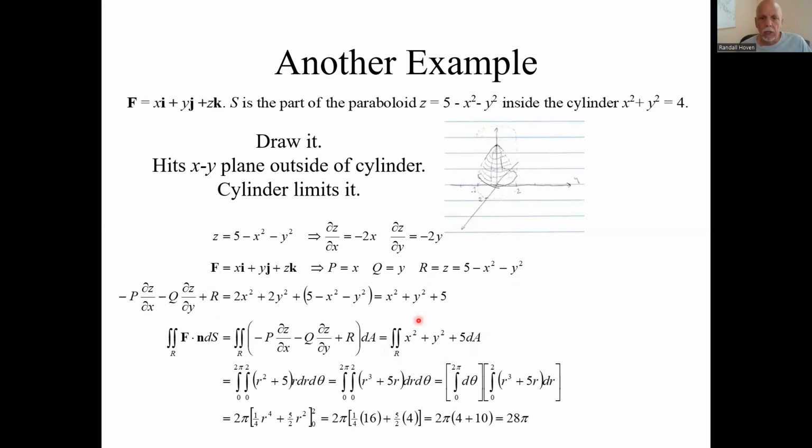Here's the integral. The region of integration is the circle, though, so we're going to want to use polar coordinates again in this example. So x squared plus y squared is going to be r squared plus 5, and then dA is r dr d theta.